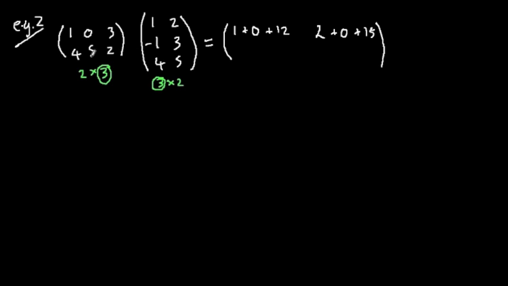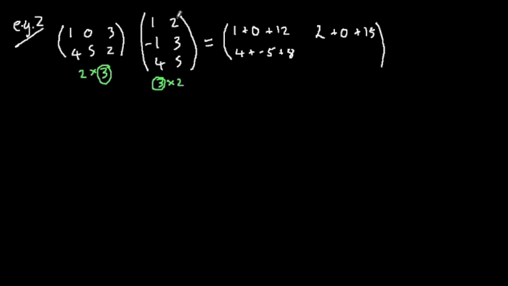So I'm now on the second row of the left matrix, and back to the first column on the right. So I have 4 times 1, which is 4, plus 5 times minus 1, which is minus 5, plus 2 times 4, which is 8. Okay, and finally, second row, second column.